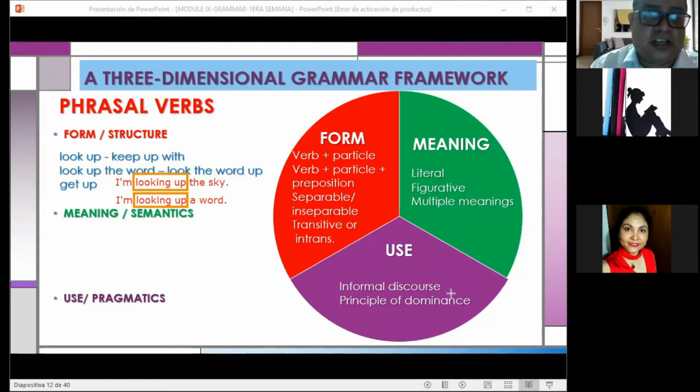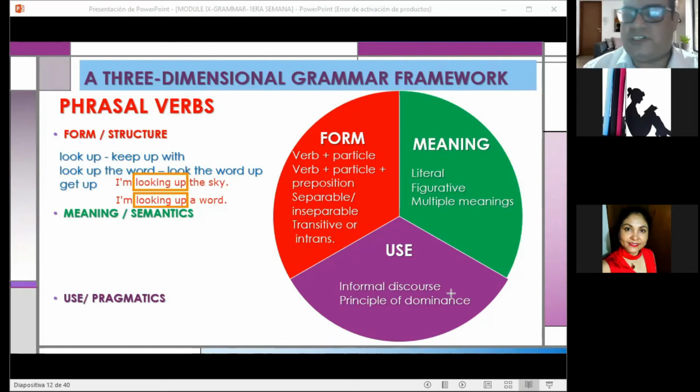It means that you're saying, I'm searching for a word. And the context means that you are searching for the word in a dictionary. Now here, look up is a verb plus a particle, not a preposition. Notice the difference. Be careful on that, because sometimes we get confused and say that this is a preposition, but it's not a preposition. It's part of a verb, a phrasal verb.